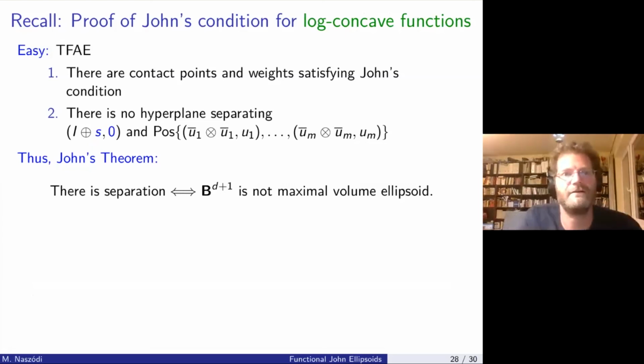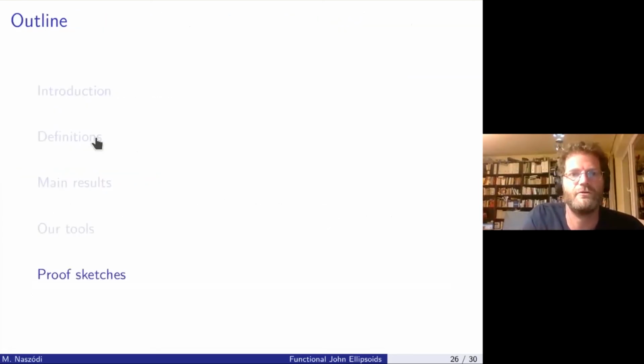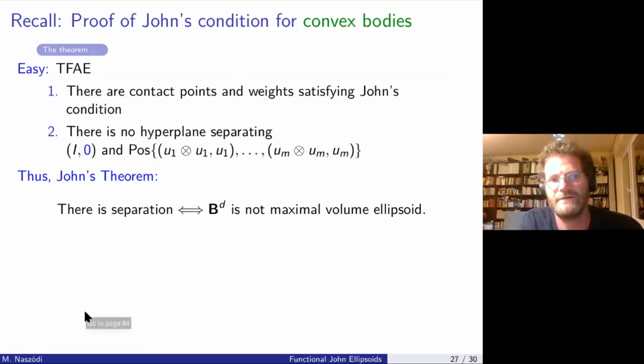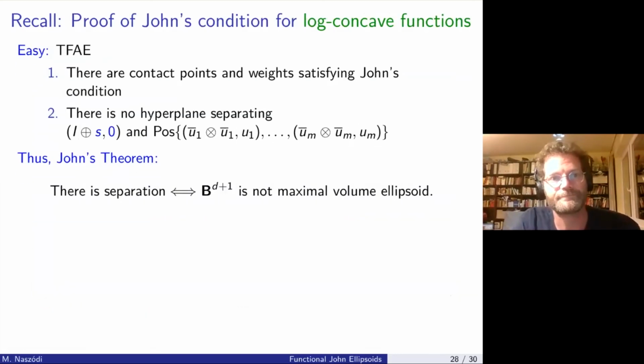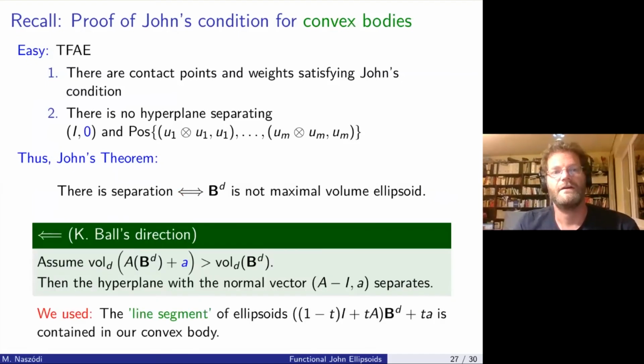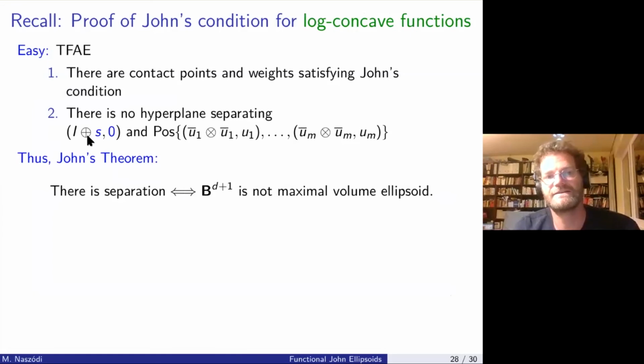Now I should really go back to the theorem. So our theorem says that you have that this sum of U_i tensor U_i gives you I plus S. So now we have I plus S, and the origin, we have the same separation result.